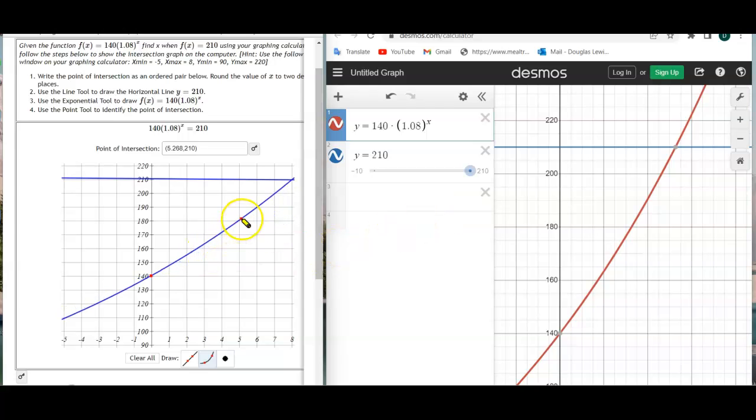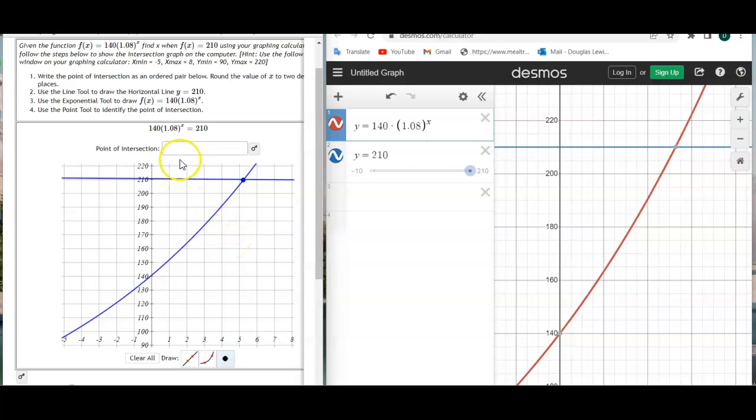That's kind of hard to tell where that is. Here's 5.5, which would be halfway. 5 1/4 would be right about there. So I could guess that's about right there. Then I click on this dot to put the point there. And now that's a little bit off, but it's pretty close.